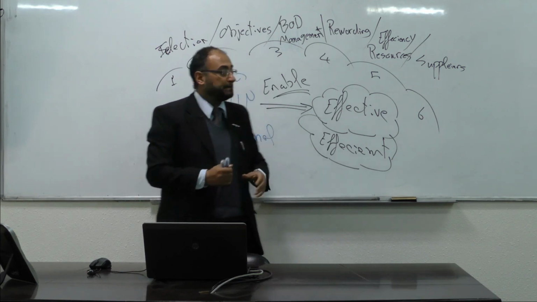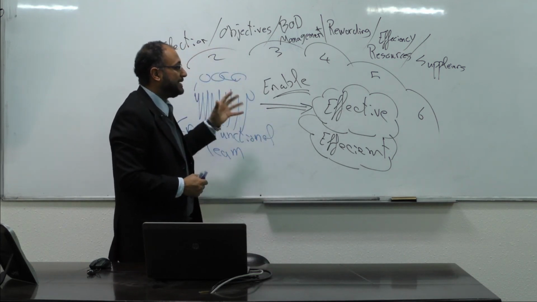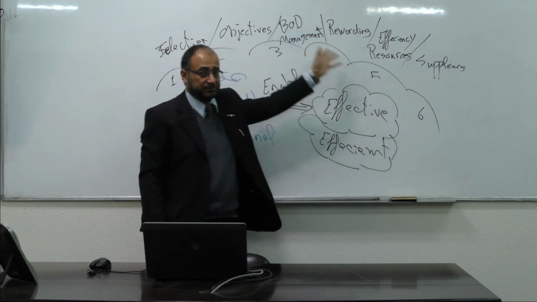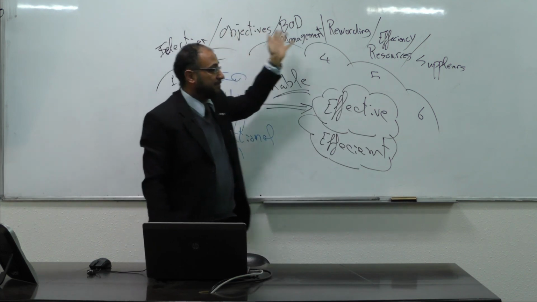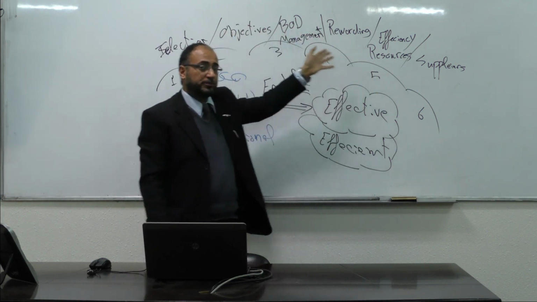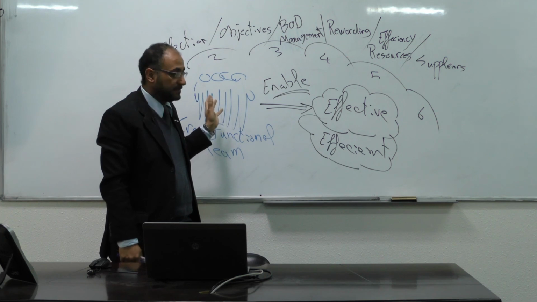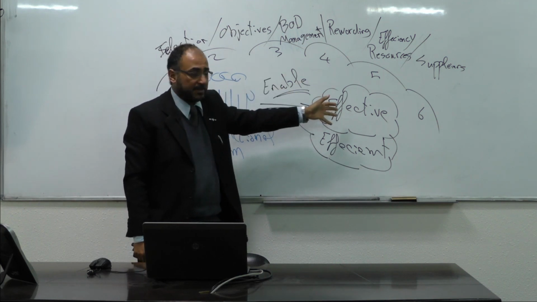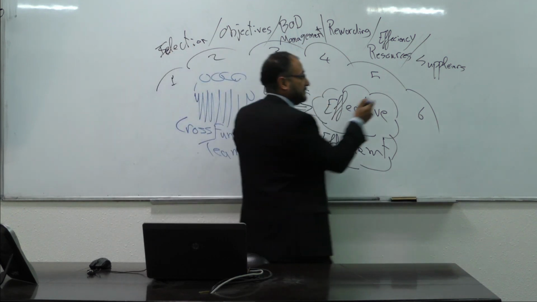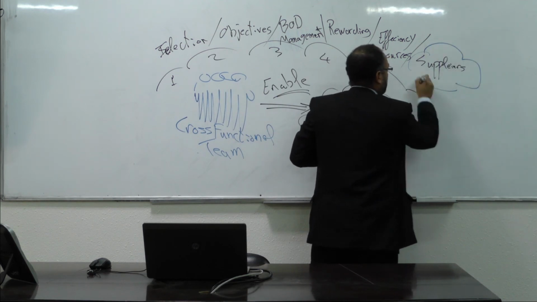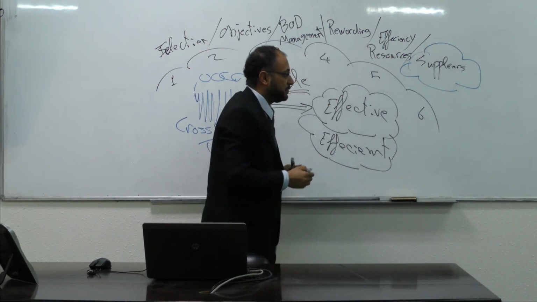When we say we have questions or a roadmap to make our cross-functional teams more effective, we should link this with the work with the suppliers, which is question number 6.